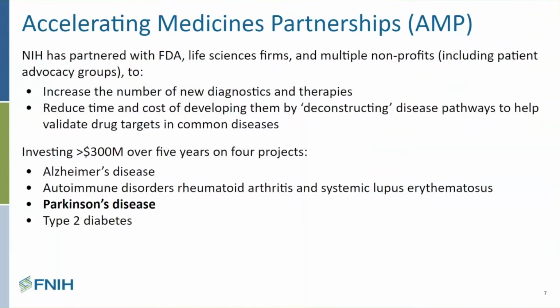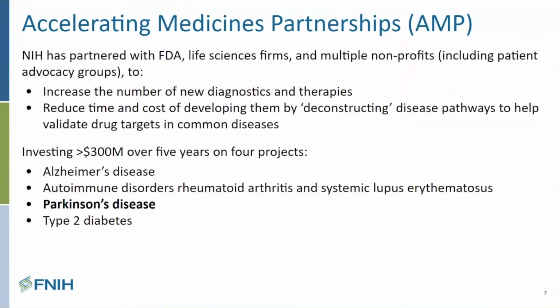So AMPD is one of several Accelerating Medicines Partnerships. NIH partnered with FDA, life sciences firms, and multiple nonprofits with the goal of increasing the number of new diagnostics and therapies and reducing time and cost of developing them by deconstructing disease pathways. NIH has committed to investing over $300 million over 5 years on 4 projects.